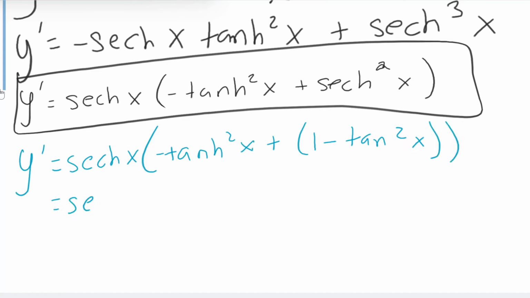Which then is, so I have negative tangent, or actually I have negative 2 plus 1. That doesn't really make it any simpler.